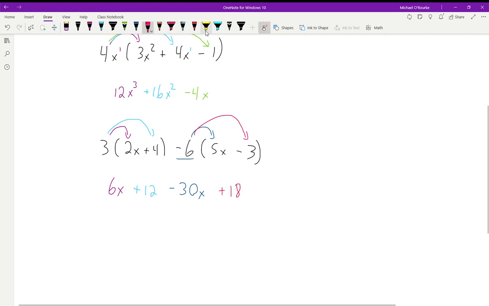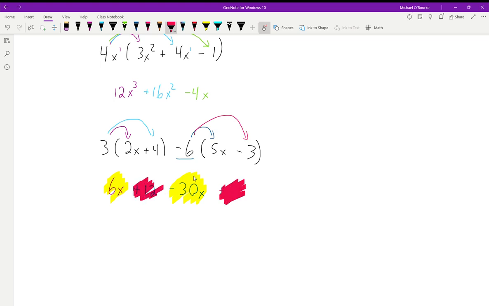Now we're not done here because we can collect like terms. These two are like, and these two are like. Oh, that just disappeared. Let me change the color here to a green one.